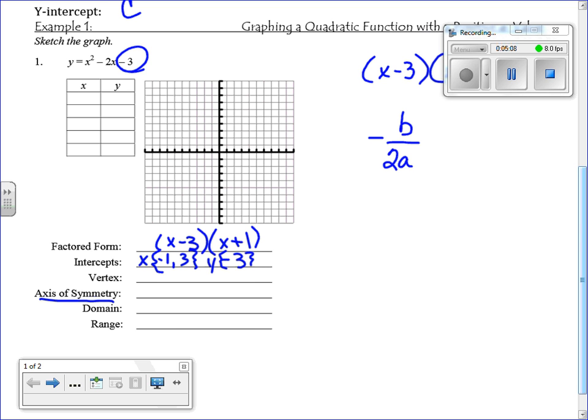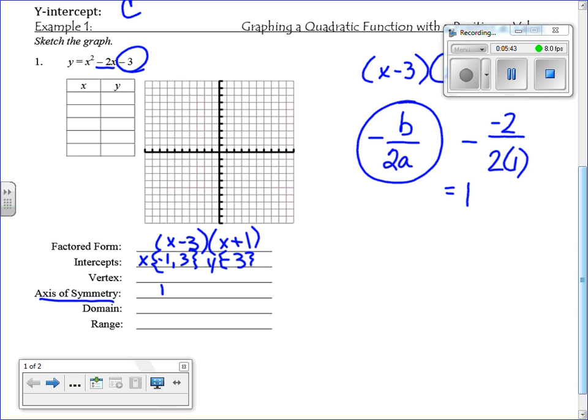If I look at my equation, b is negative 2, so I have negative of negative 2 over 2 times 1. Negative 2 divided by 2 is negative 1, but we do the opposite of that. So my axis of symmetry is going to equal 1. I found it by using this equation right here.